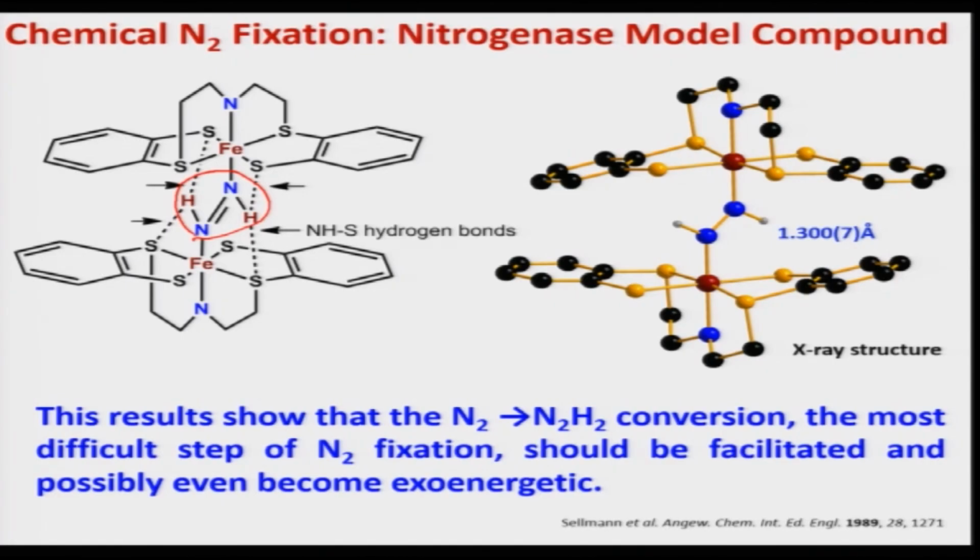The X-ray structure of this molecule was determined by Sellmann et al. long back in 1989, and one can see that this N2H2 is present over here, this NN distance is 1.300 angstrom, and this proton has also been located in the X-ray structure, which confirms the presence of N2H2 between these 2 iron centers.